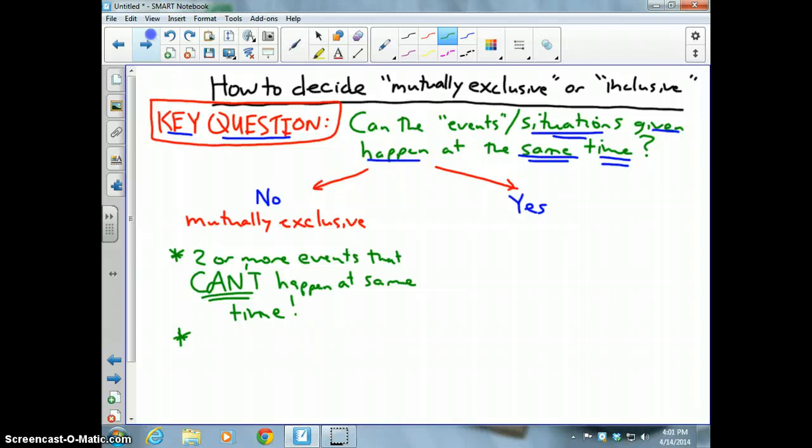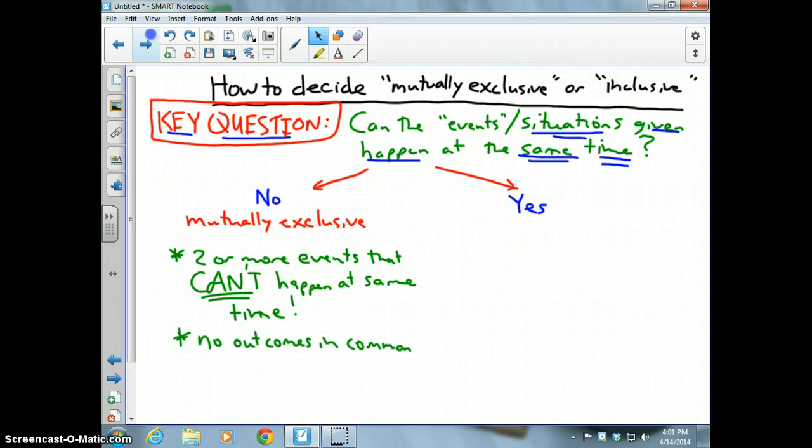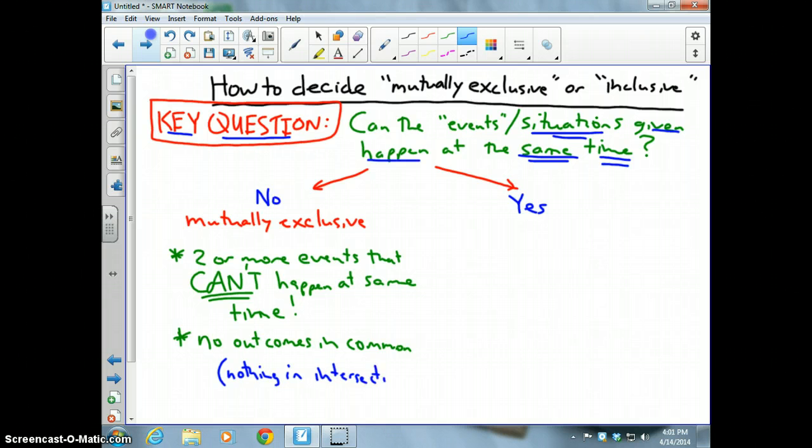Well, if they can't happen at the same time, that means they have no outcomes in common. Obviously, there will be nothing in the intersection of the Venn diagram, just like we had on the prior slide. Now, if it's yes, then that's inclusive, which we'll talk about in the next video. But I want to look at a couple of examples of what mutually exclusive means.